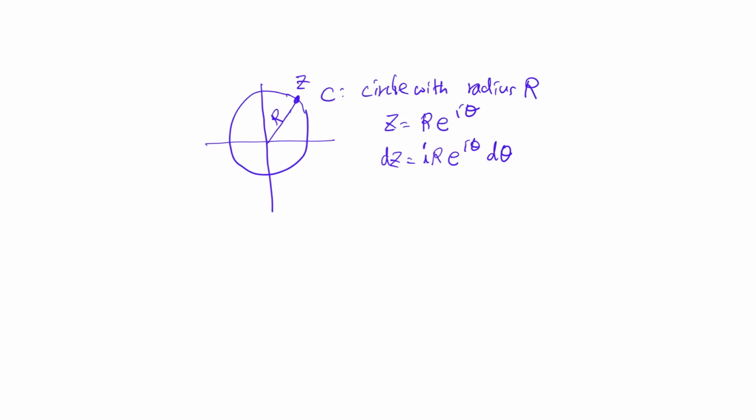So this integral of dz over z is theta from 0 to 2 pi of R exponential i theta, i R exponential i theta d theta.